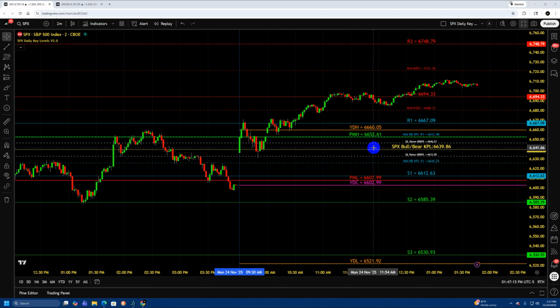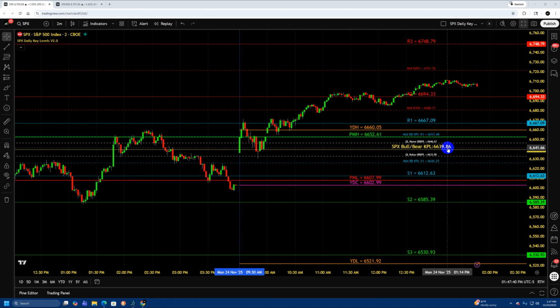We're looking above since this is a bullish trade. The R1 level is one full level above, 66.6709. So that strike would be the 66.65 call. That would be the furthest strike that you would consider while taking a bullish trade off of the bull bear KPL level.